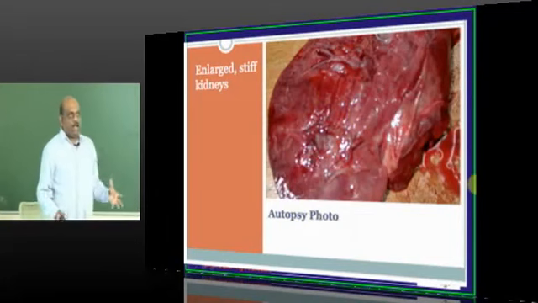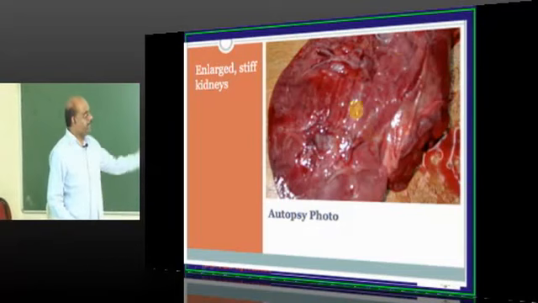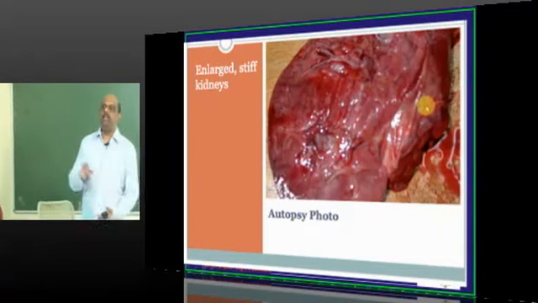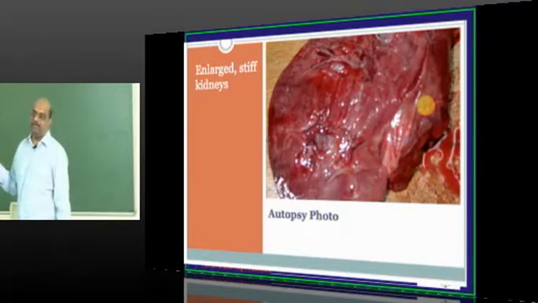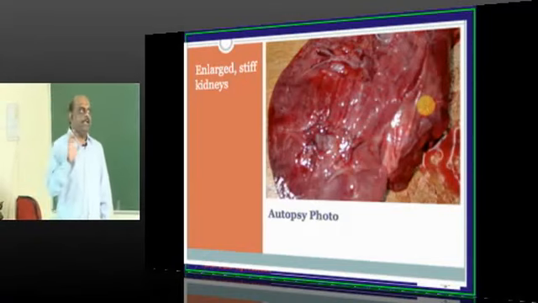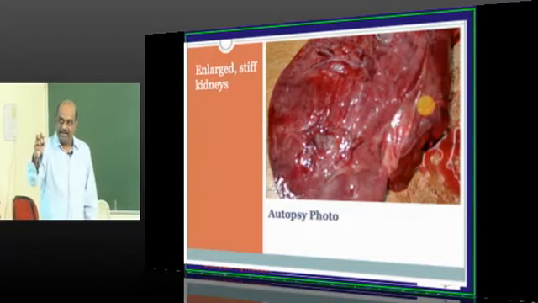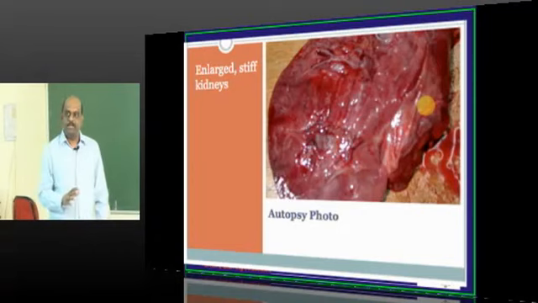Then these are the enlarged stiff kidneys in case of renal amyloidosis. Basically, when there is a renal amyloidosis, there is a development of chronic kidney disease, CKD. Generally in end-stage renal disease, you find the size of the kidney shrunken. But what are the few exceptions?